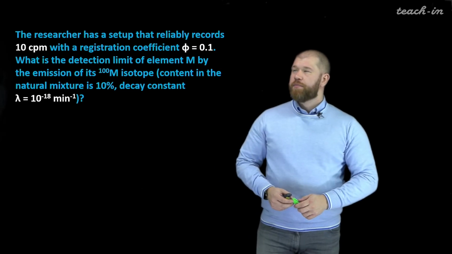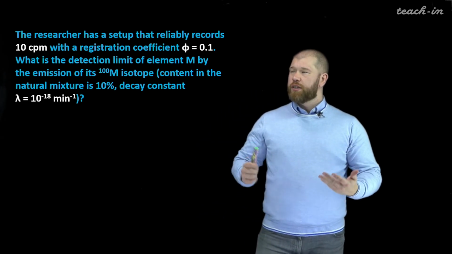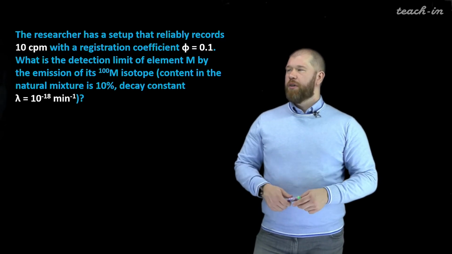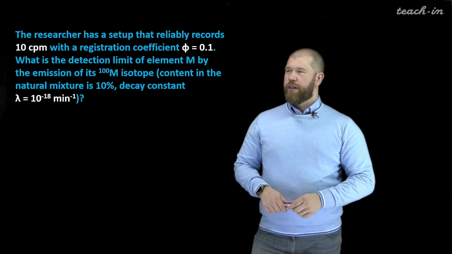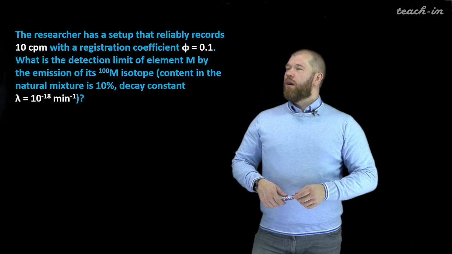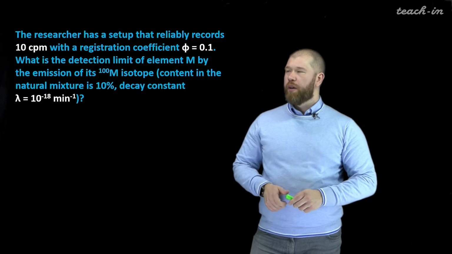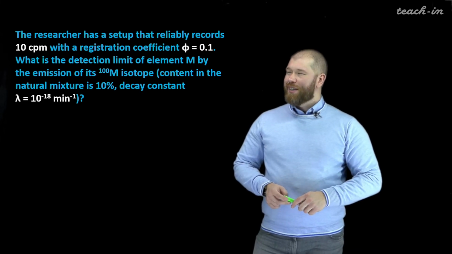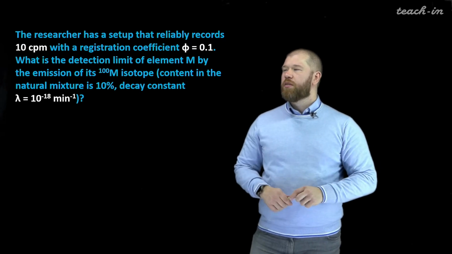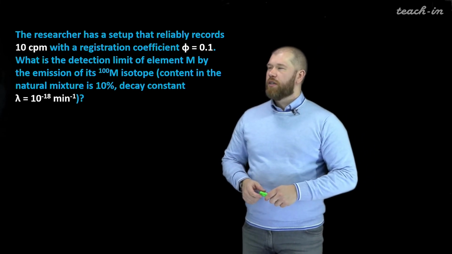So the next task. The researcher has a setup, meaning some detection system that can measure reliably the count rate equal to 10 counts per minute, or CPM. And the registration coefficient phi is equal to 0.1. So what is the detection limit of element M, some element where it is not really important for us what the specific element is.